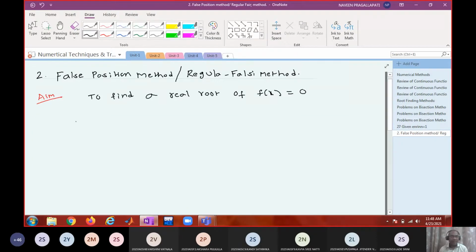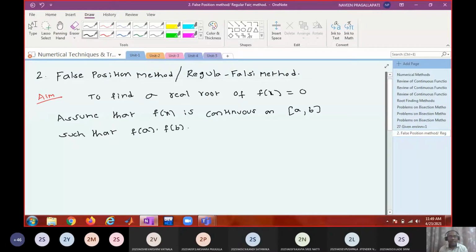Okay, so let us assume that f of x is continuous on an interval a to b, such that f of a into f of b is less than 0.